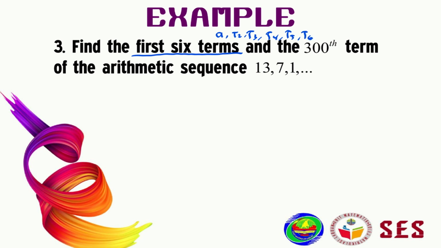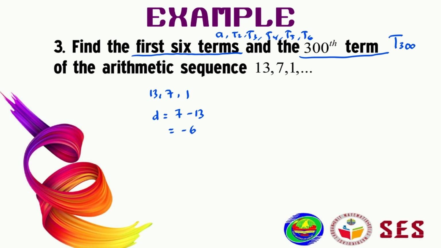And the 300th term means we need to find T300. Since we have the sequence 13, 7, and 1, let us find the common difference first. The d is 7 minus 13, which equals negative 6.